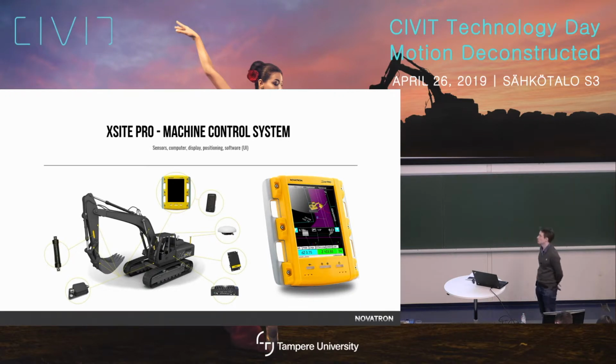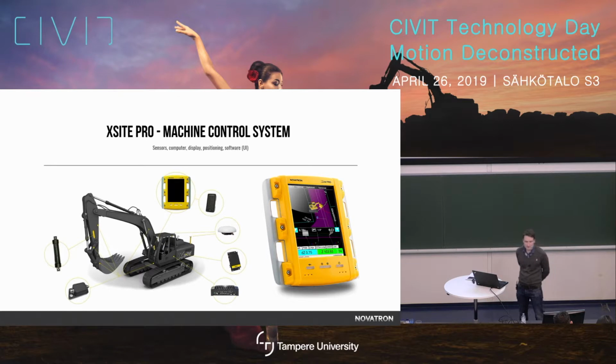So, what kind of hardware is actually related? You can see that, of course, we have the display showing the 3D material. We have the control computer, and then we have GNSS devices for actually getting the information of the position of the excavator in the real world.